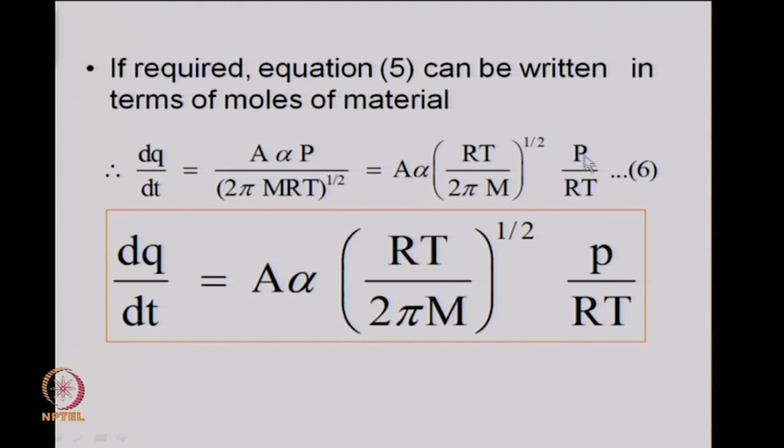There is a reason why we do this, because you would see that this will bring in the concentration in the gas phase for the condensing material. So, dq by dt is now A alpha square root of RT by 2 pi m into P by RT. Let us inch forward and see whether we can bring in the driving force, so that we have a physical understanding of what this right hand side is.